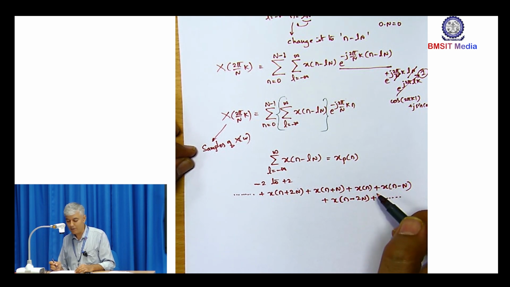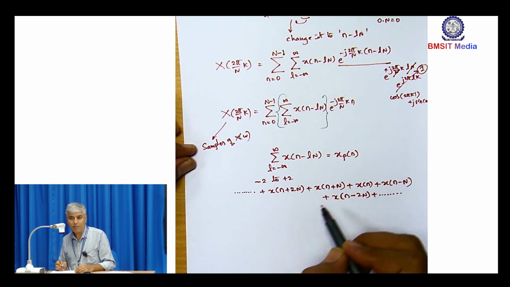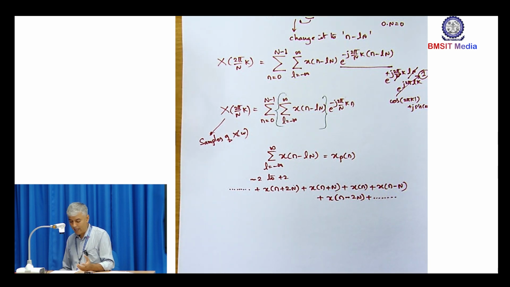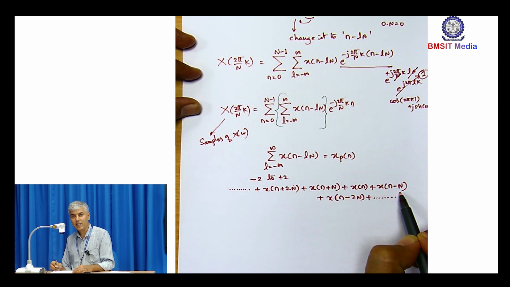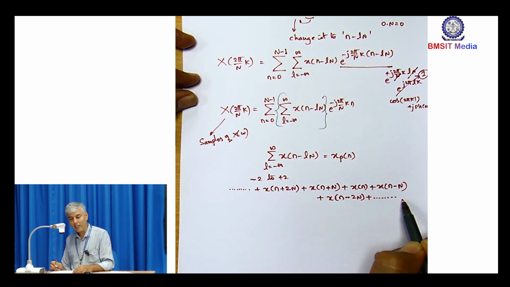What is to be observed over here? You can observe that each term in this representation, that is x of n plus 2N, x of n plus N, all these are basically x of n itself. But the only thing is, x of n is delayed by N, this term is delayed by 2N, one more term will be delayed by 3N, delayed by 4N, and so on.